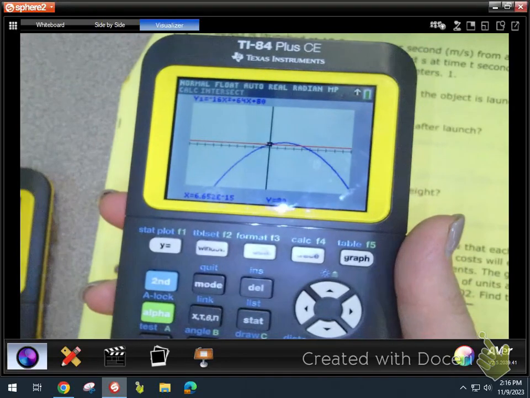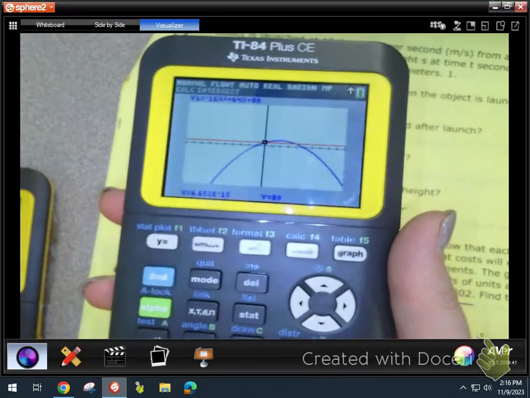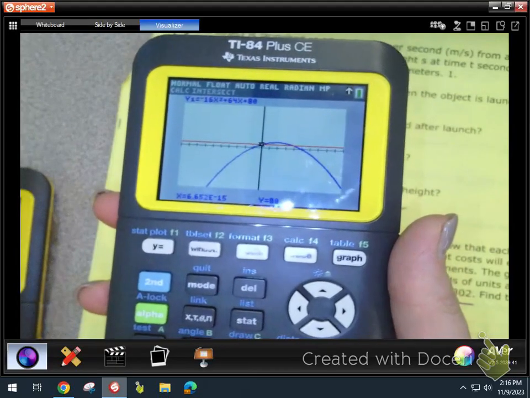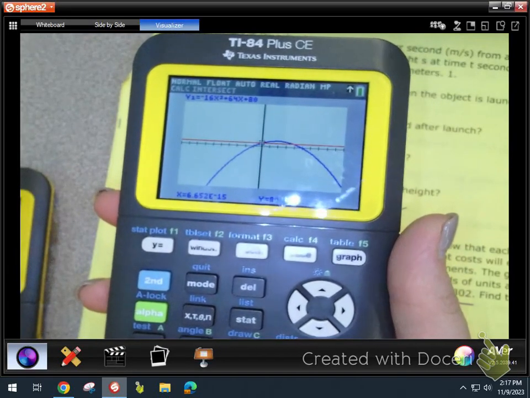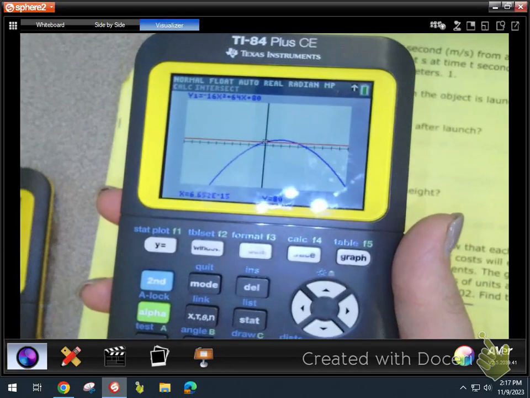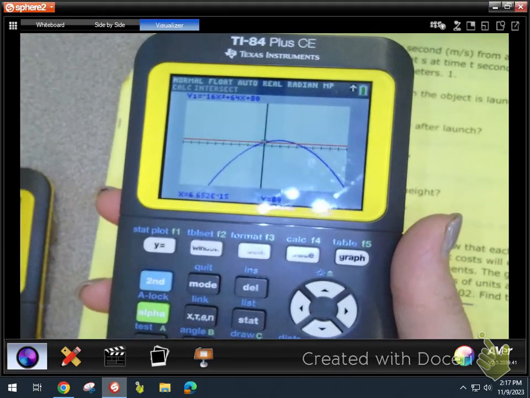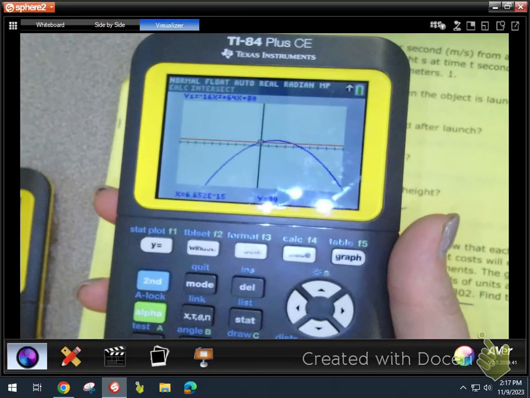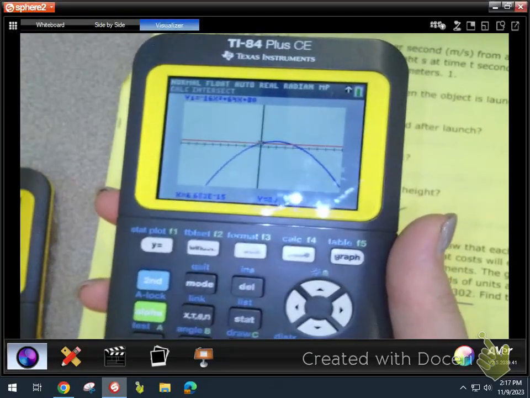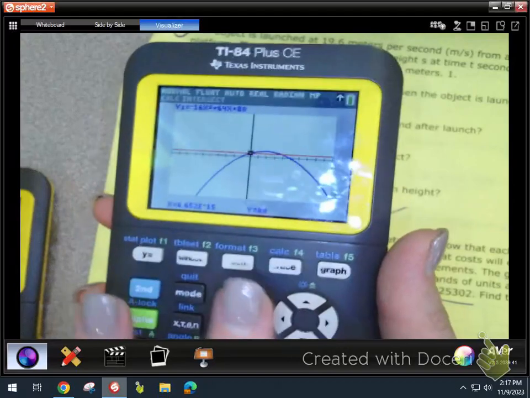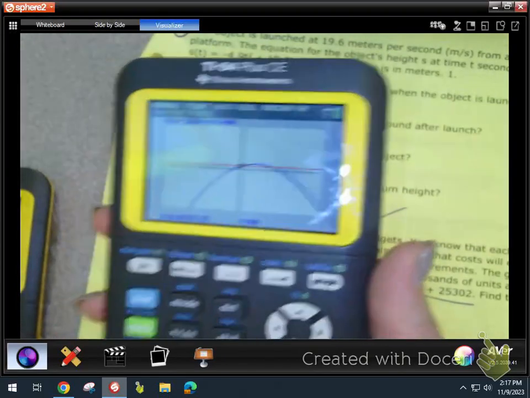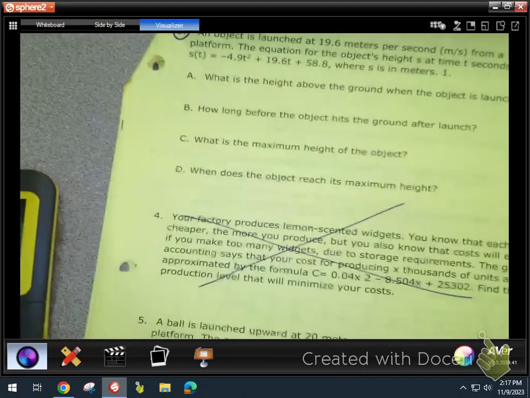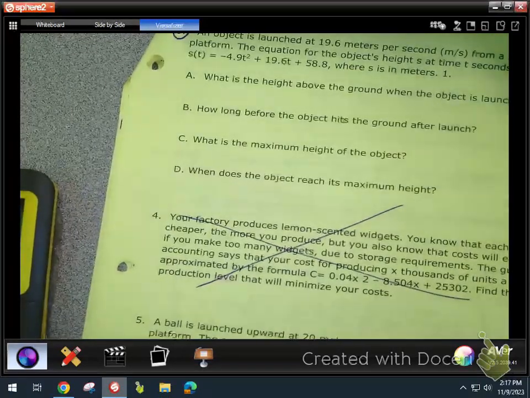Times 10 to the negative 15. So how many zeros are in front of that 6? A lot. So what does that round to? 0. So if you get E and a negative number, it is probably 0. I don't know why some of the calculators do that and some of them don't. But if you get an E, then just come talk to me about it, okay?